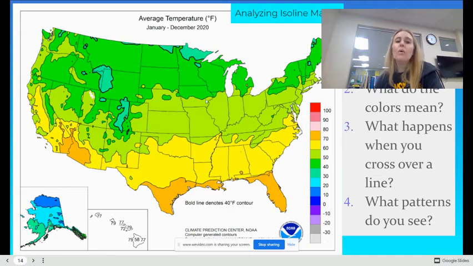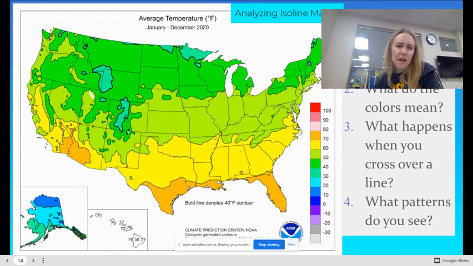Okay, so we're getting colder as we cross over this line. There are variations within each of these colors, but they are still within that 10-degree band. And the patterns we see, for example, in the south is going to be warmer. That's going to connect with the things that we already know.